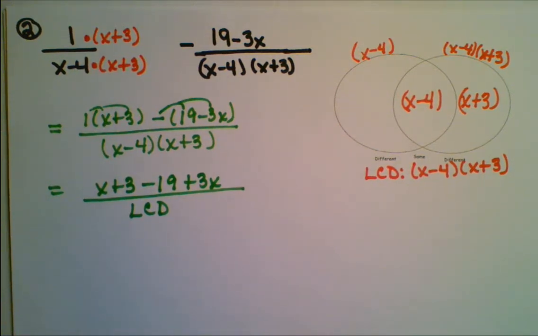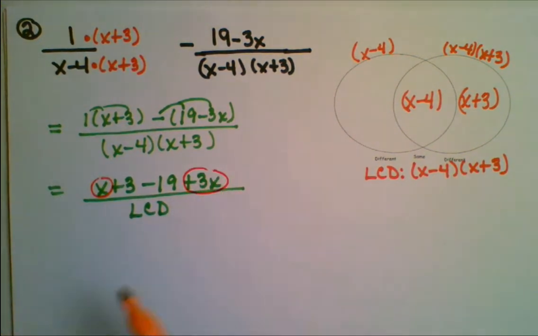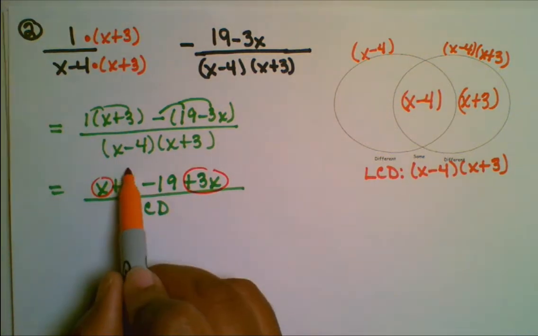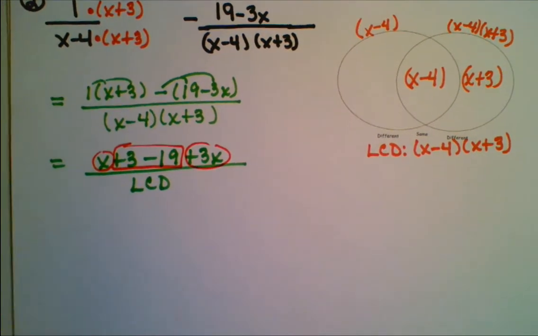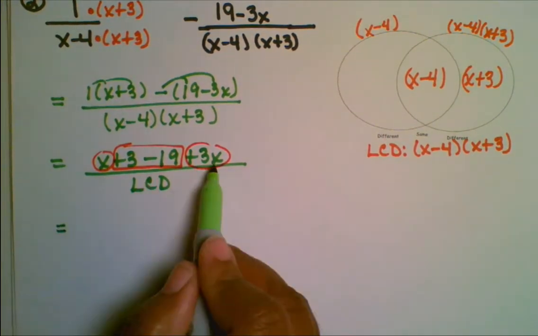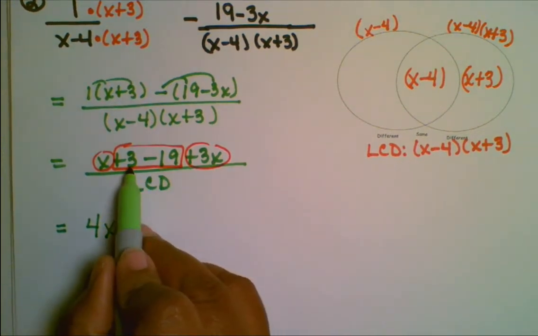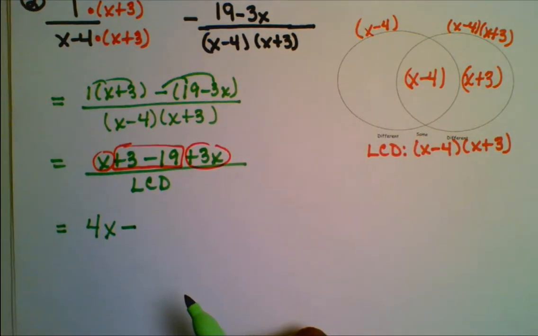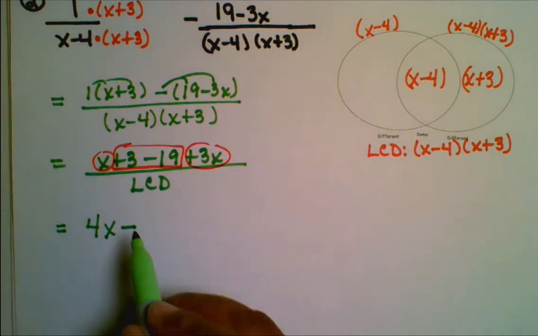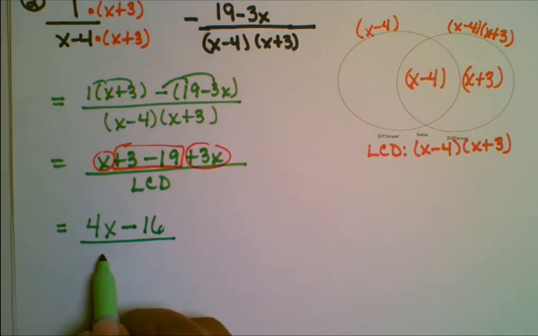So next we're going to combine like terms, and we have here x plus 3x, that is 4x, and then 3 minus 19, which would give us minus 16, all over our LCD.